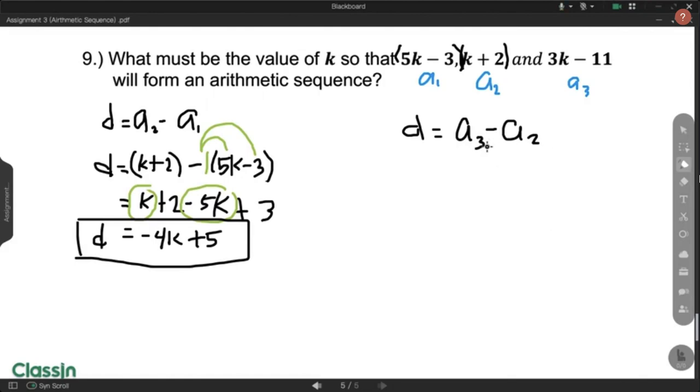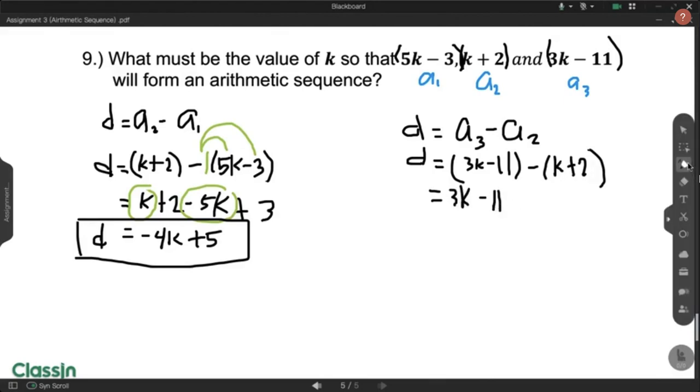On the other side, we have D is equal to a sub 3, which is 3k minus 11, minus a sub 2, it's k plus 2. Okay, 3k minus 11.